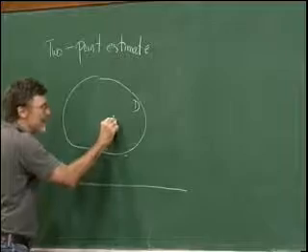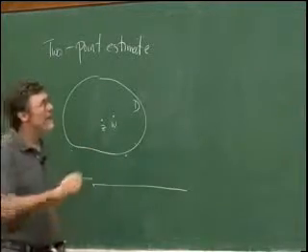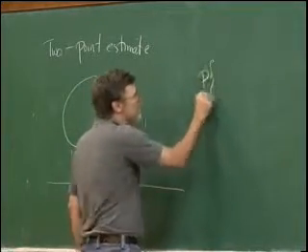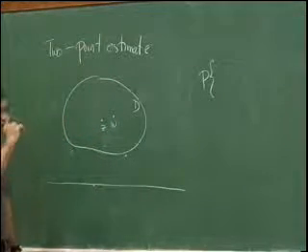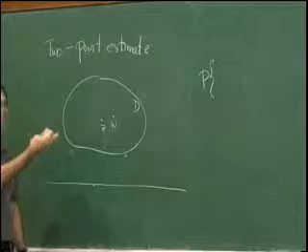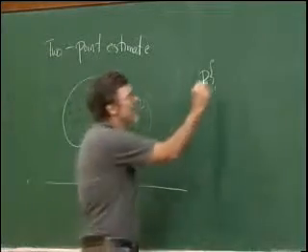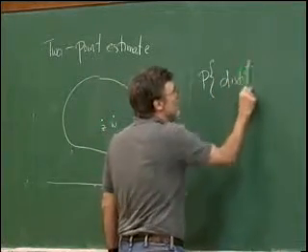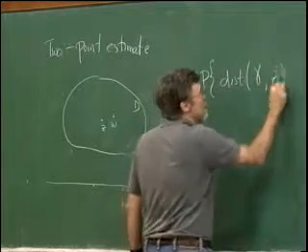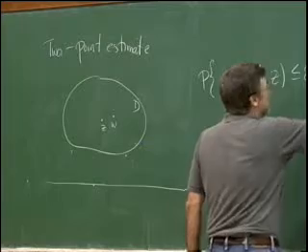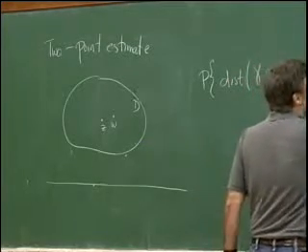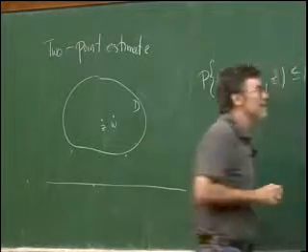Take 2 points in here and ask what's the probability that, well, I can use either conformal radius or distance, I'll use distance this time. Distance from gamma to z is less than or equal to epsilon, and distance from gamma to w is less than or equal to delta.